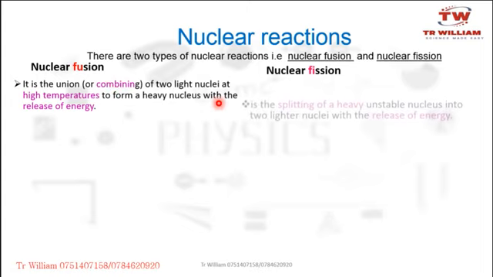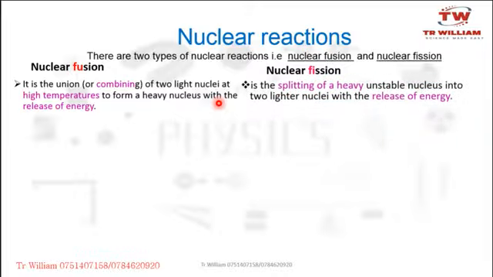Whereas fission, Fi, this is the splitting of a heavy unstable nucleus. Remember when you were looking at the topic of atomic structure, you saw that if a nucleus is very heavy, the chances of it being unstable are high. If it has more neutrons, then it will start becoming unstable.